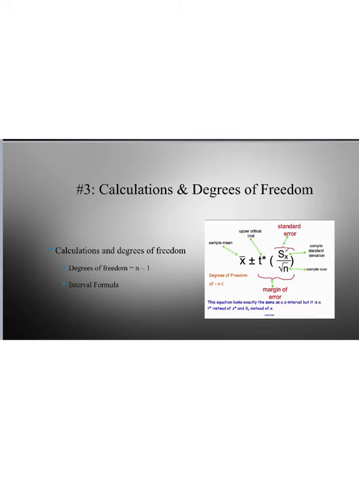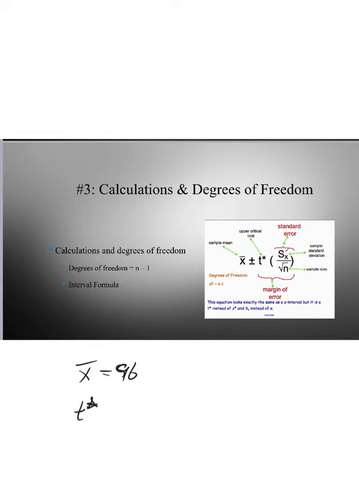So the actual calculation: the x bar again is that sample mean, which in this question was 96. The t star is a value we get from a chart or from our calculator.